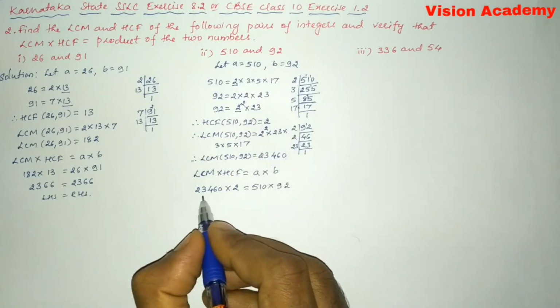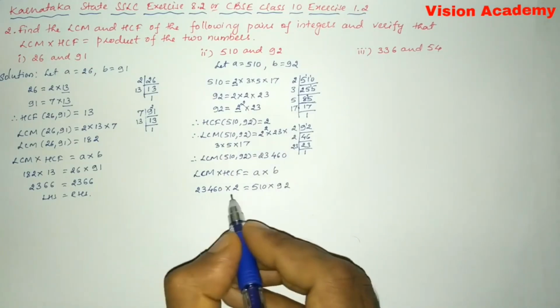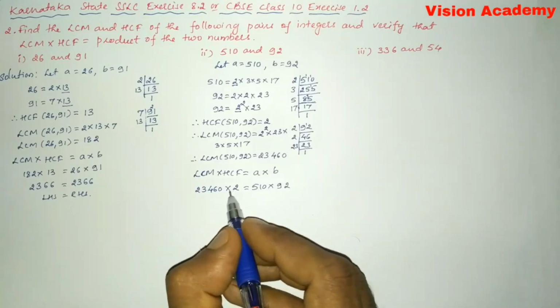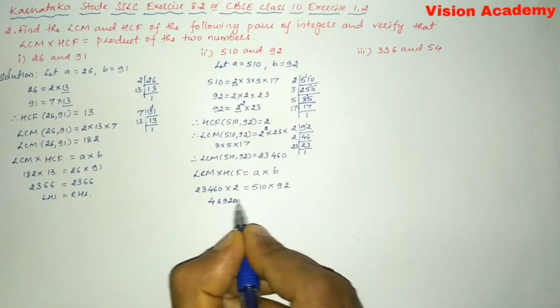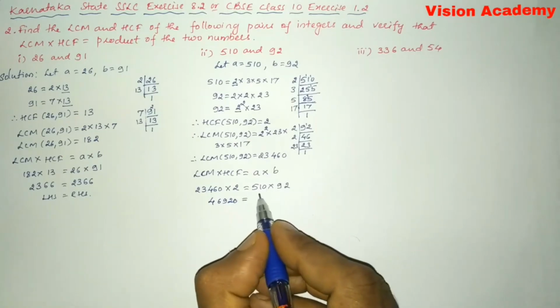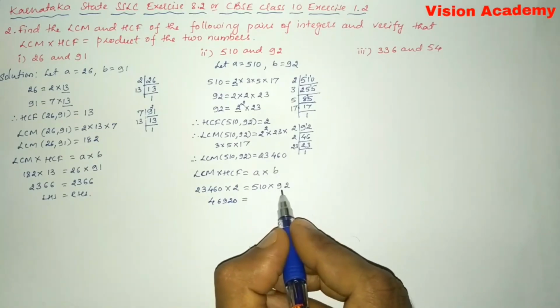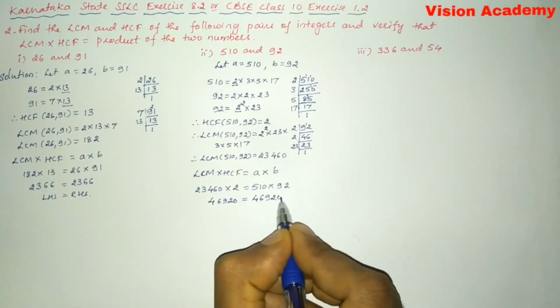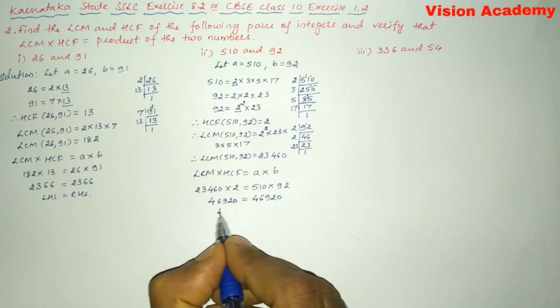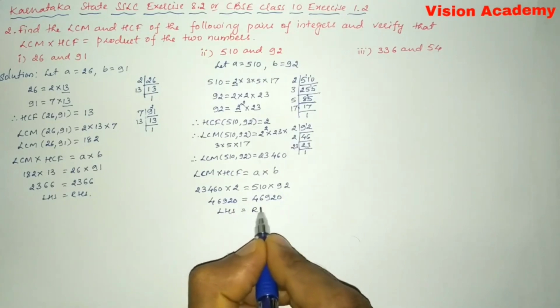So here when we multiply 23,460 into 2, we are going to get 46,920, which is equal to 510 multiplied with 92. Again we are going to get 46,920. So hence we have proved LHS is equal to RHS.